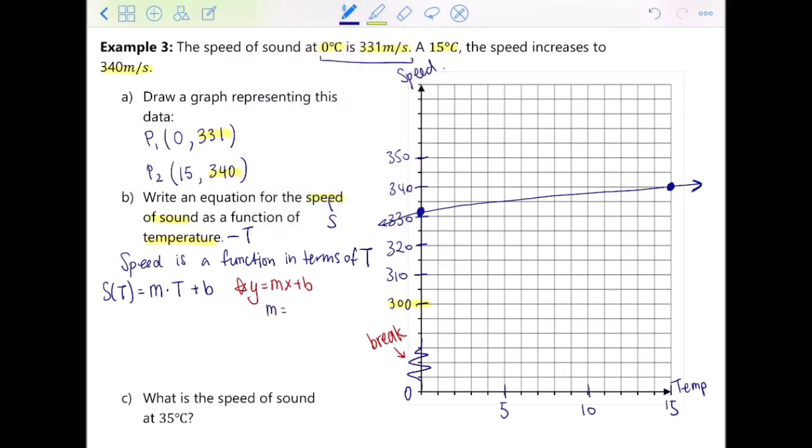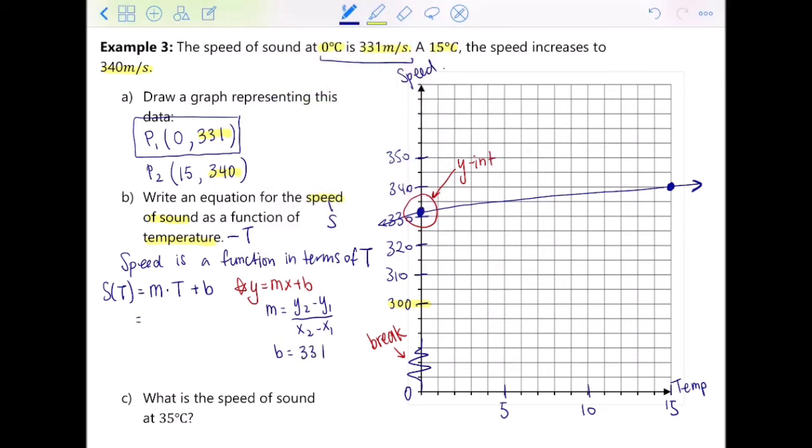So for slope, using those 2 points, we have to use y2 minus y1 over x2 minus x1. And also for b, we can use point 1, because this point on the grid is touching the y-axis. So this is the y-intercept. So we'll take the y value, 331, as b.